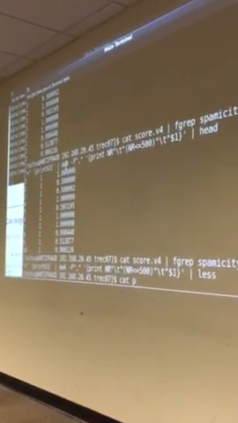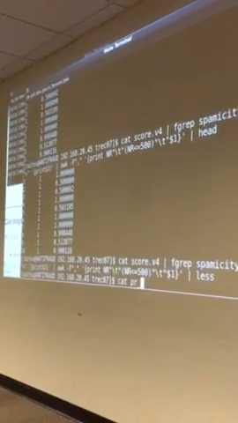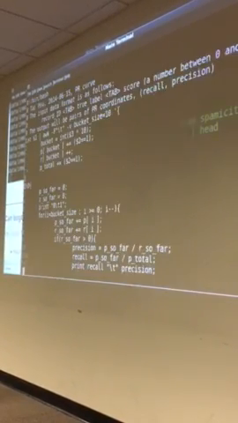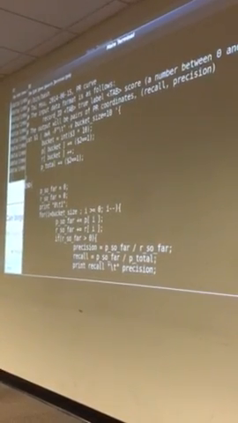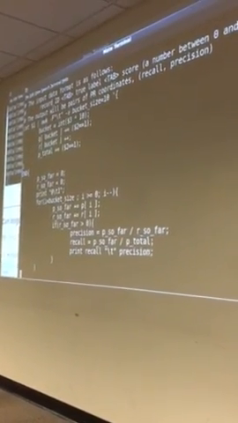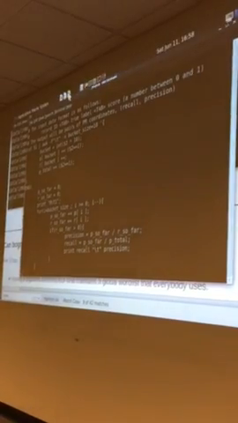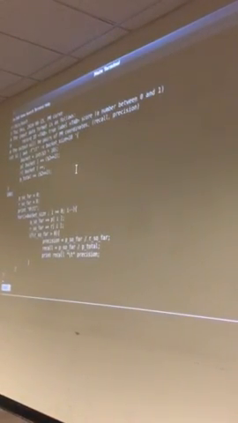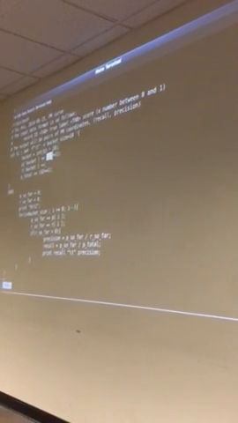Because this PR curve, I don't know if you still remember the PR curve programming you wrote for the decision tree homework. This is the coding. But now the coding is a little bit different. What's the difference? The difference is in here.